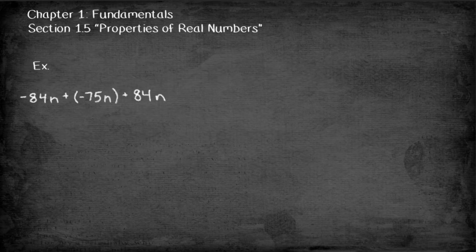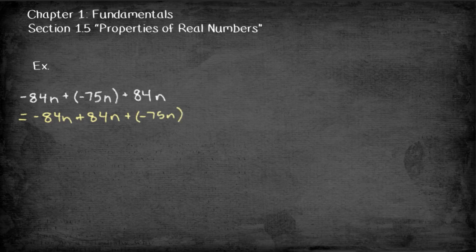All right, so now what we can do with these properties is use them to make our lives a little bit easier. Normally, in simplifying an expression, following the order of operations, since we have addition here, we're going to add from left to right. But employing the commutative property allows us to switch the order of the expression without worrying. So I can switch around the negative 75n and the 84n.